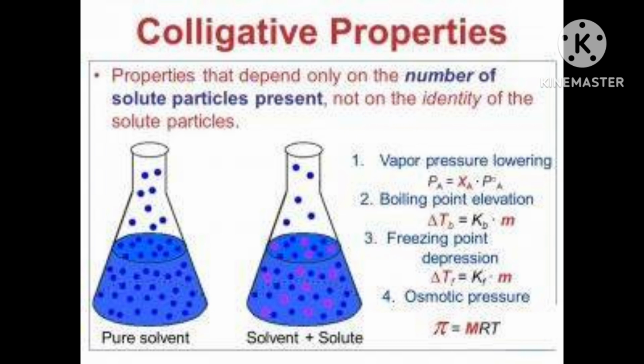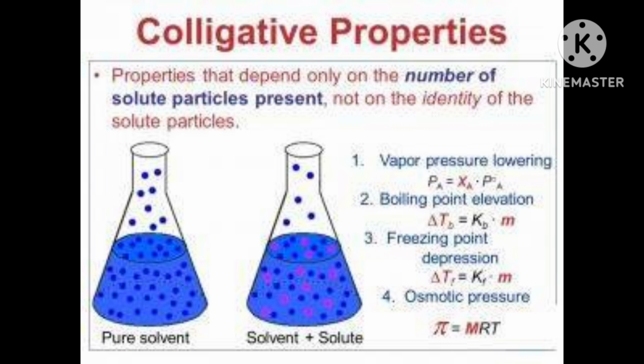Correct? Then P1 naught, with naught written as a superscript, minus the solution pressure, that is called delta P, the change in vapor pressure.